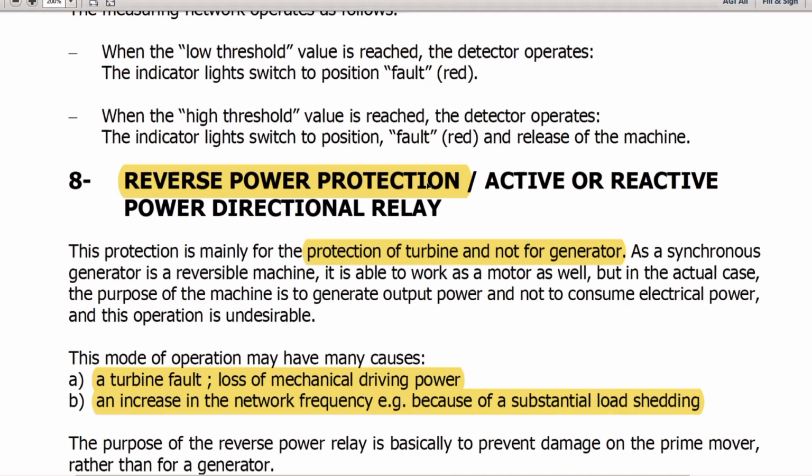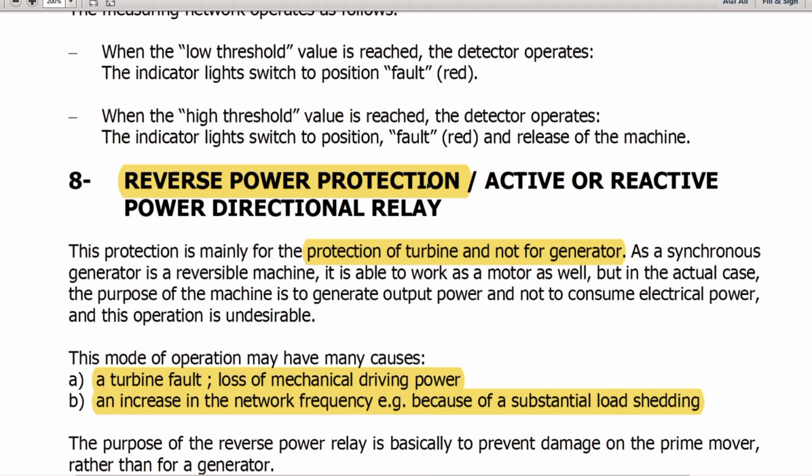Because you know that during the startup, we are running our generator on reverse power because we are supplying the power to the generator from an external source. It means that at that time there is a reverse power situation on the generator and there is no problem on the generator. It will become a motor.